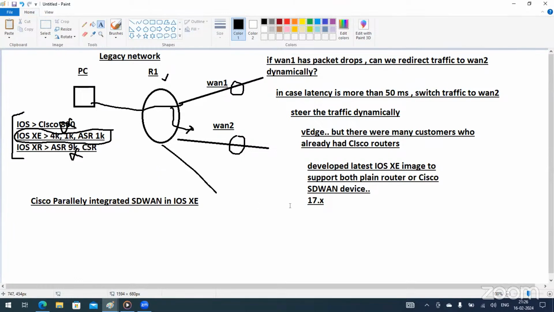But if we enable the SD-WAN feature, there is a command to enable or disable the SD-WAN mode of the router. If SD-WAN mode is enabled, then it won't act as a plain router. It would act as an SD-WAN device. Cisco did this to retain their existing customers who already had routers.